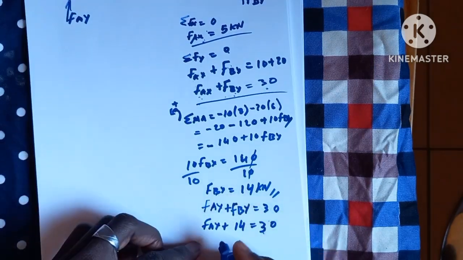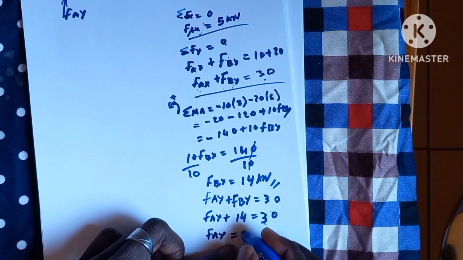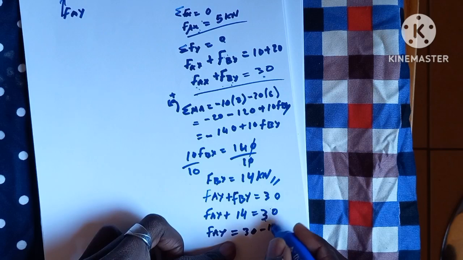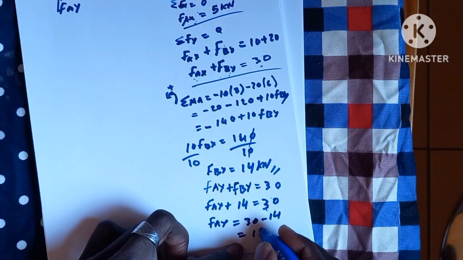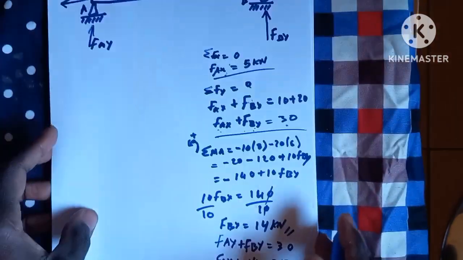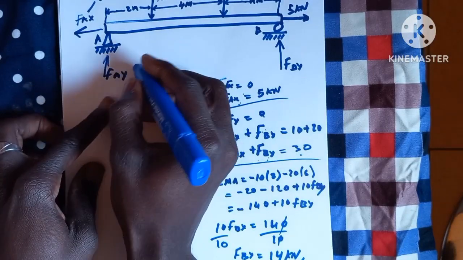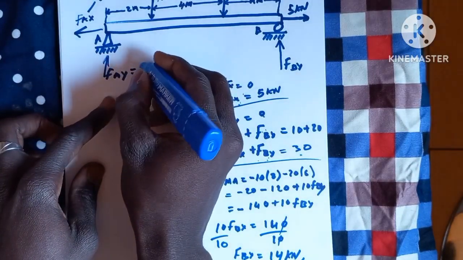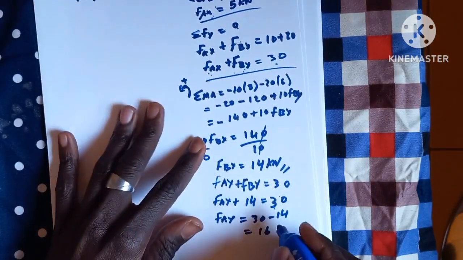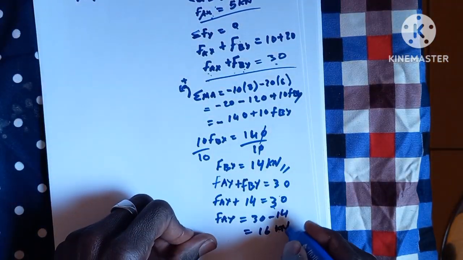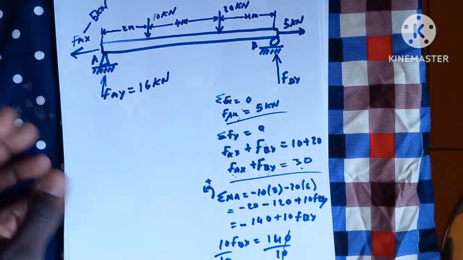So in this case now we have FEY, which will be equal to 30 minus 14. The result is going to give us 16, right? Since we have 16, the value for FEY here will be 16 kilonewton. So the next thing for us to do here now is to graph.